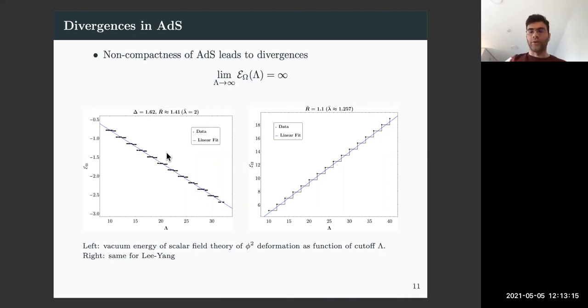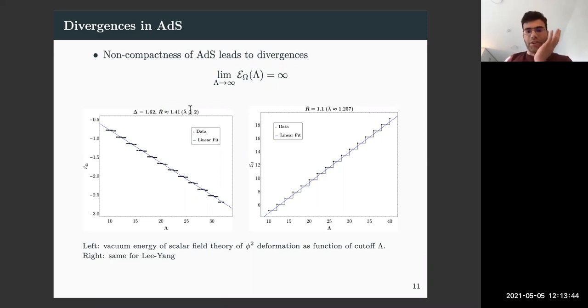It actually grows linearly. As you can see here, the left one is the phi squared deformation of a scalar field theory, and the right one is Liang, 2 examples. As you can see, by increasing lambda, the cutoff, the vacuum energy is growing, either in negative or positive, but it's growing. This is for some fixed small lambda bar.